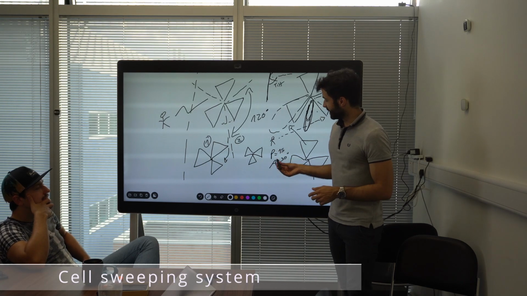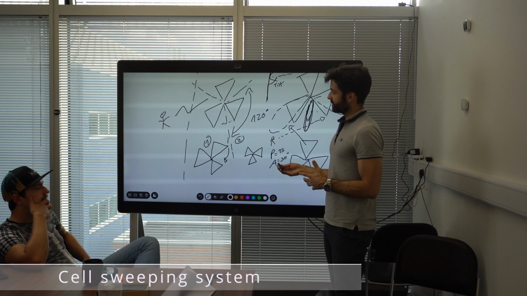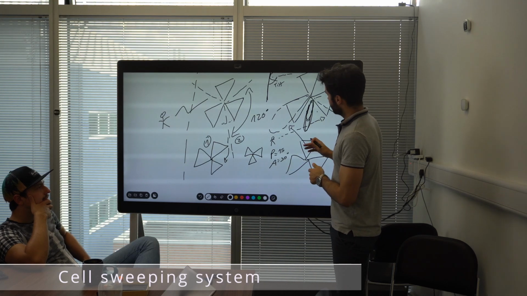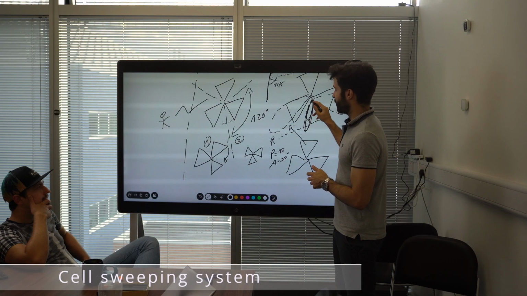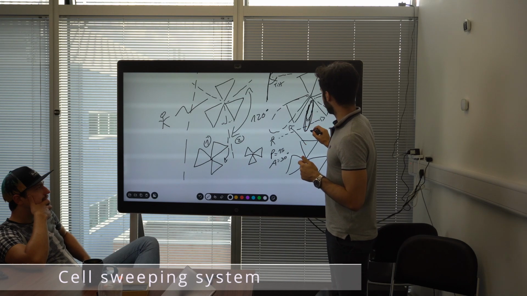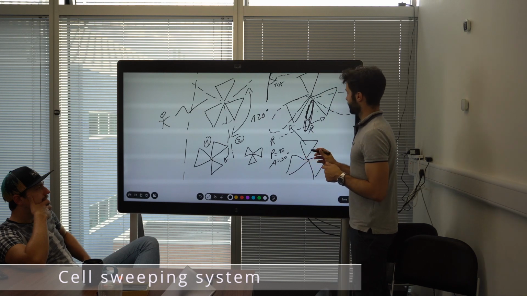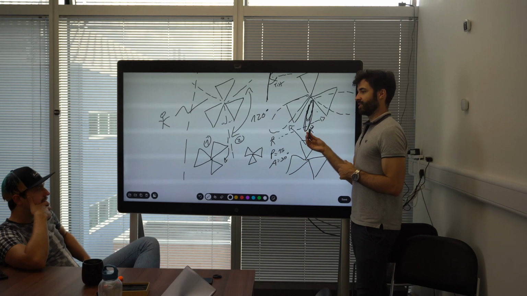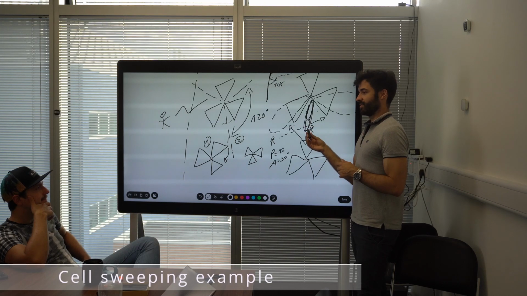And the main idea of cell sweeping is that, instead of having these frontiers, let's say that we have a user in this frontier here that I drew before. So he is in a bad situation. He is getting a lot of interference.